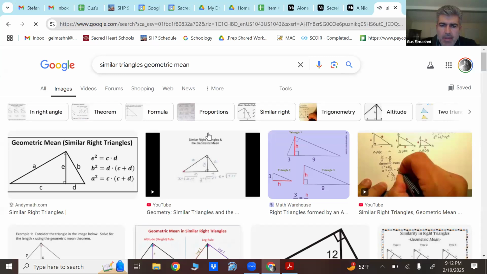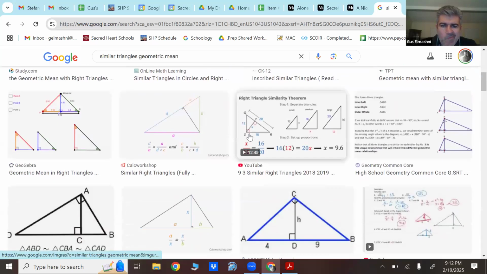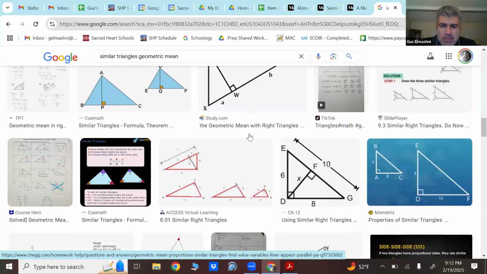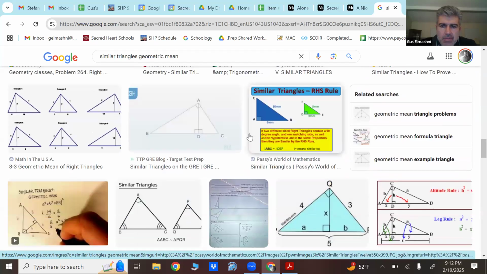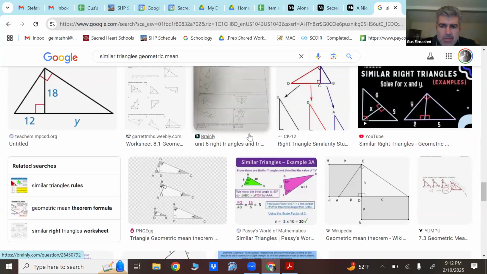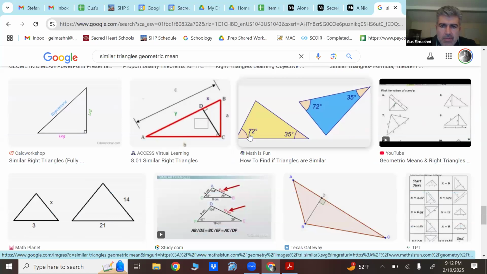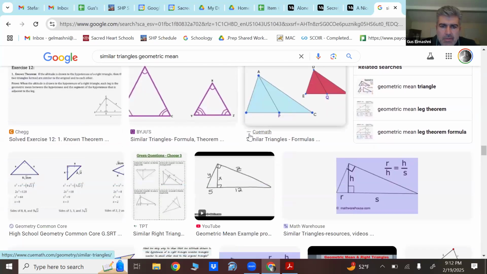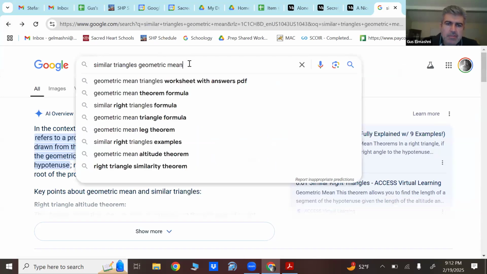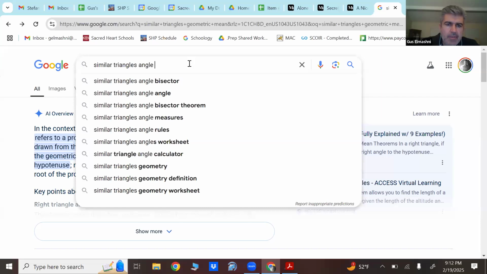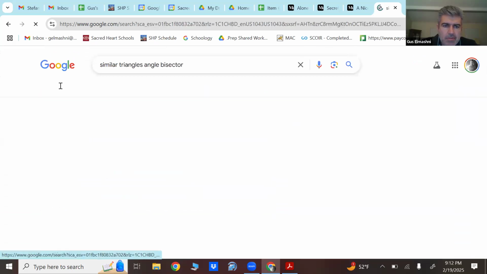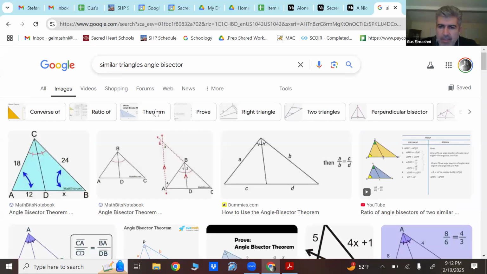That's if you have a right angle. I'll try some triangles, angle bisector. Oh, if you extend it. Okay, I think that's what I'm missing here.